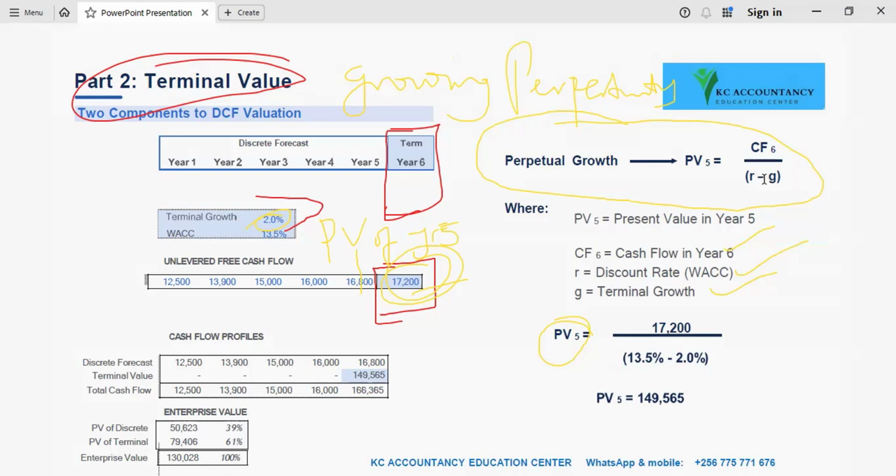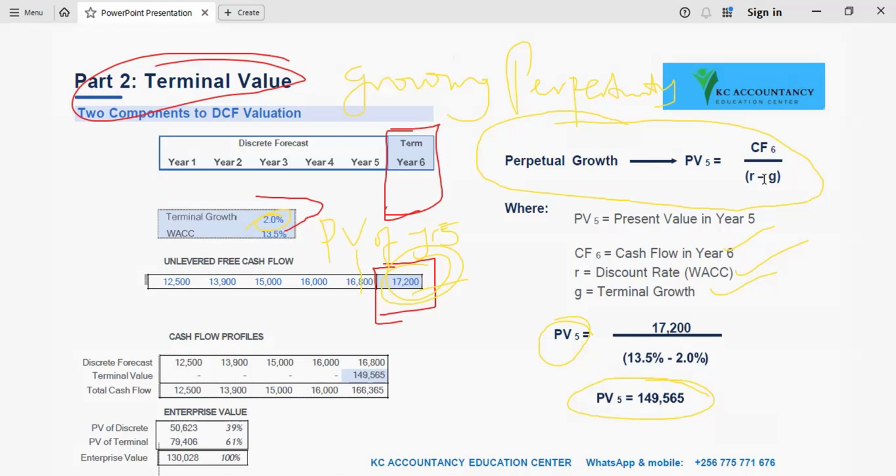When we divide that, we get the present value of year 5 as $149,565. I've fed in the cash flow in year 6 and divided it by the discount rate minus the terminal growth rate, which provides the present value in year 5.